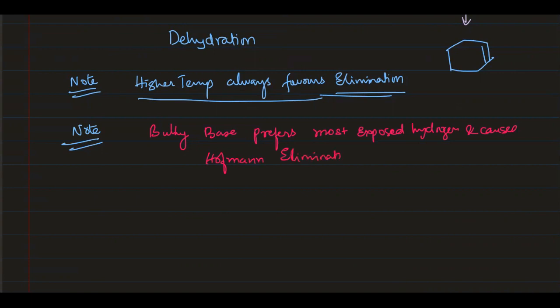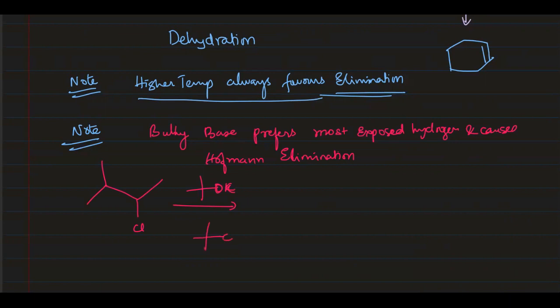That means it will not react as per Saytzeff's rule, rather it reacts oppositely. So I will discuss a simple example here. Say the compound is like this, Cl, and there is tertiary butoxide. So this is potassium tertiary butoxide.